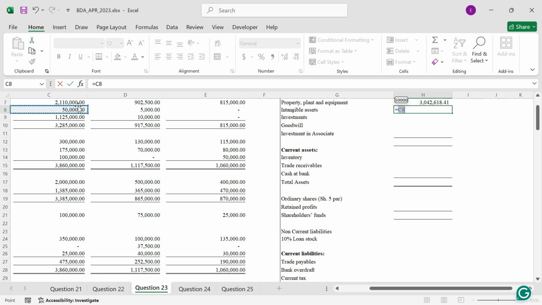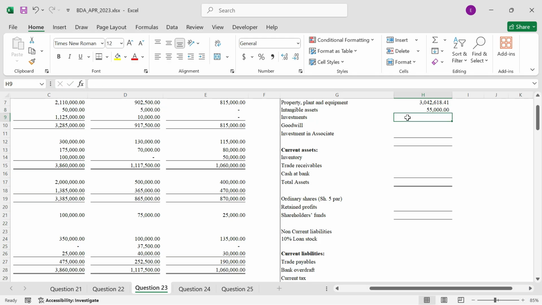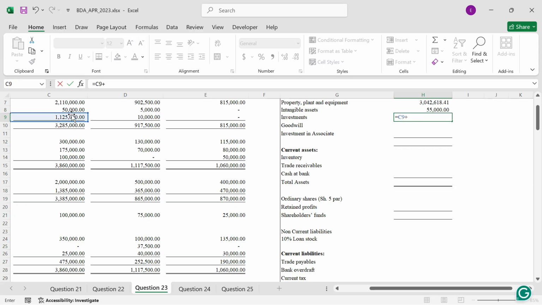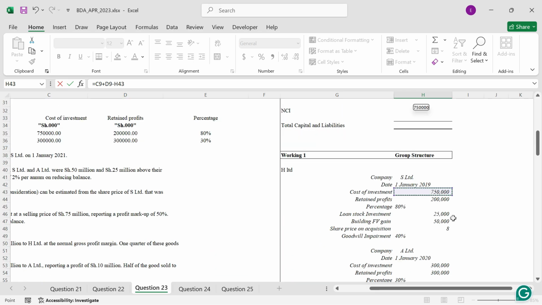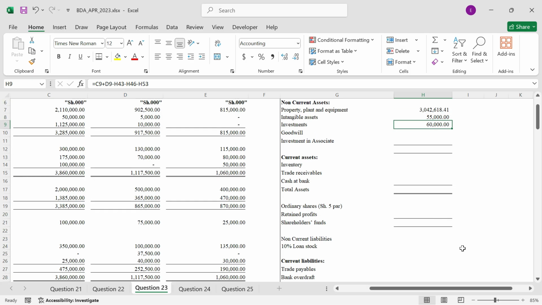Then for my intangible assets, there was no adjustment. It was as this. For my investments, I had 11.5 plus 10. But then how much did I spend? I spent 750,000 on S. I also spent 25,000 in the loan stock of S, and I also spent 300,000 investing in A. So my investments remain at 60,000.